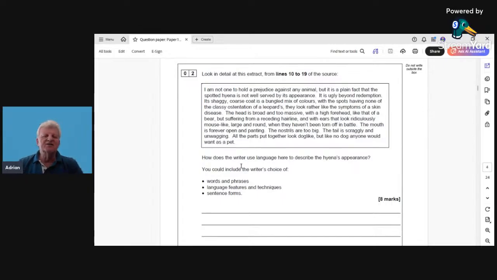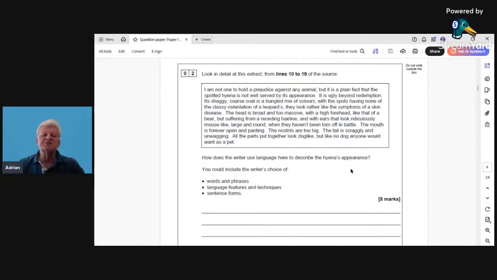And again, the question: how does the writer use language here to describe the hyena's appearance? And then you have got advice. You could include the writer's choice of words and phrases, language features and techniques and sentence forms.